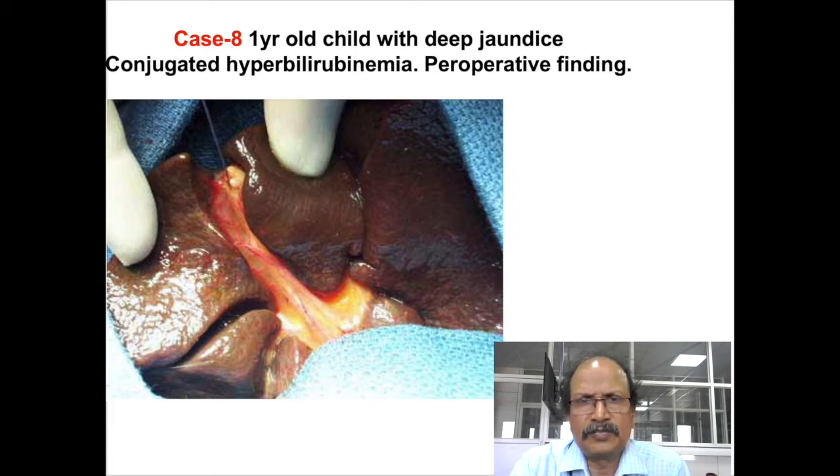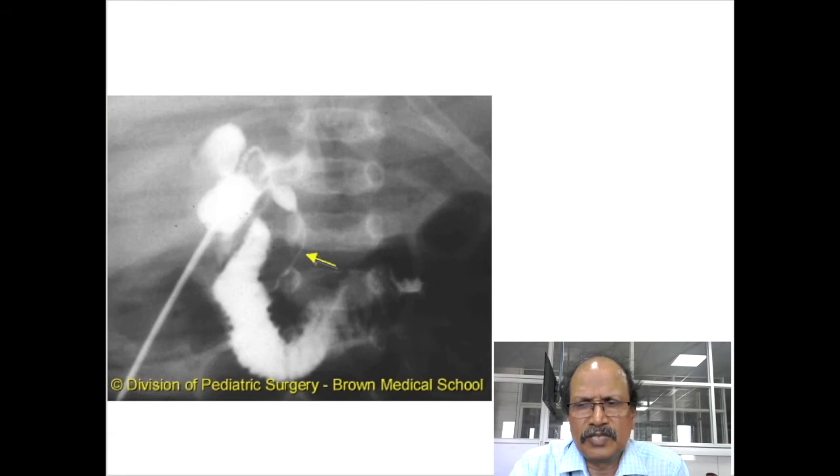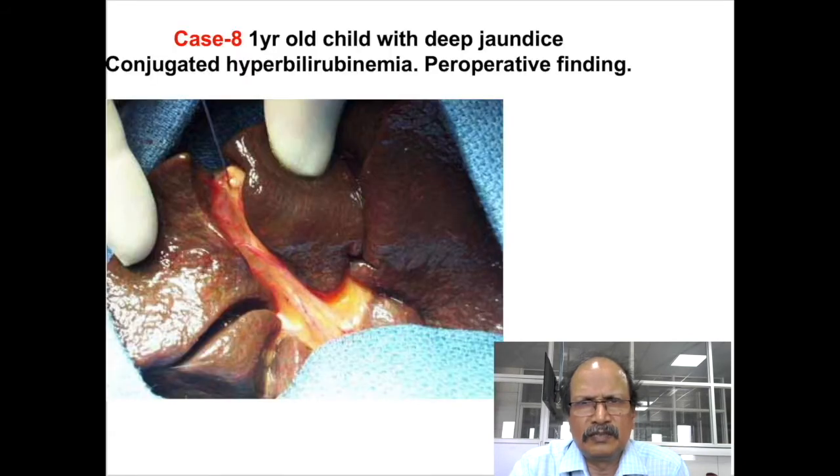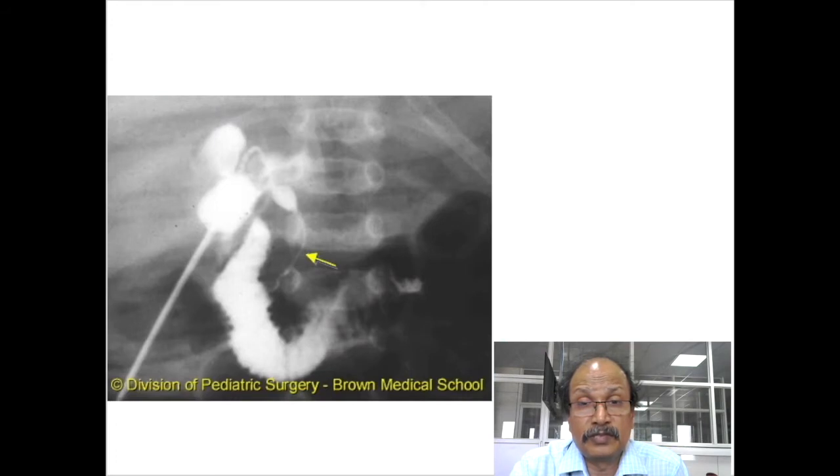That means absence of bile ducts. Because of this absence of bile ducts, the bile is not entering the small intestine, and this results in deep conjugated variety of hyperbilirubinemia. So in this ERCP image, you can see narrowed bile duct passages, and it is not emptying into the small bowel.